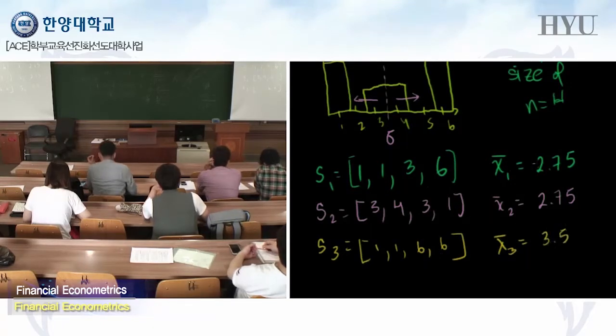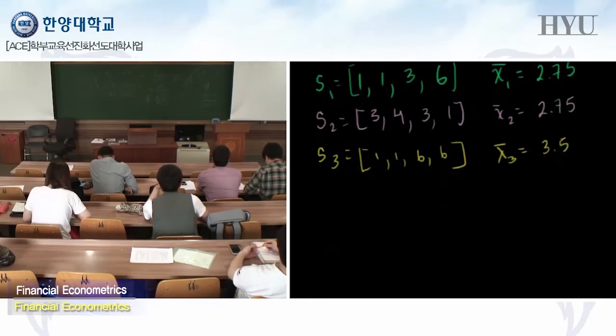And as I find each of these sample means, so for each of my samples of sample size 4, I figure out a mean. And as I do each of them, I'm going to plot it on a frequency distribution. And this is all going to amaze you in a few seconds. So I plot this all on a frequency distribution. So I say, okay, my first sample mean was 2.75.